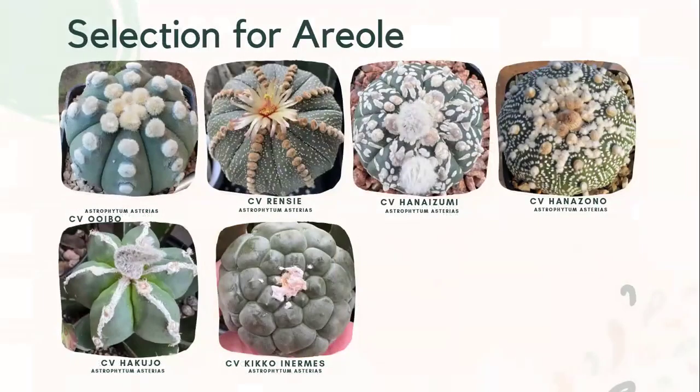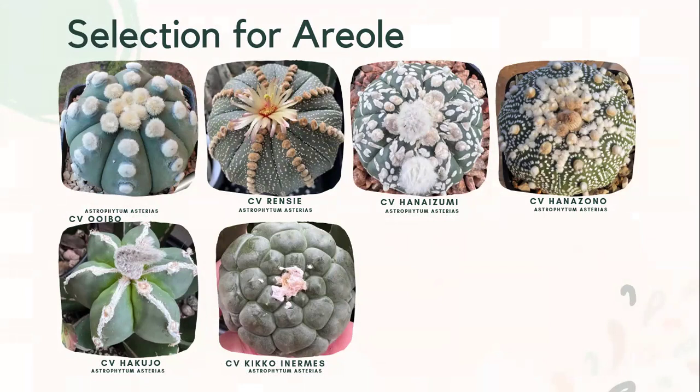And the selection for areoles, so it's been modified. The Oibo has bigger areoles. The Renzii has areoles that are so close to each other. And then the Hanaizumi, you can see it clearly, in one areole point there are 3 areoles. So that's why it's called Hanaizumi.